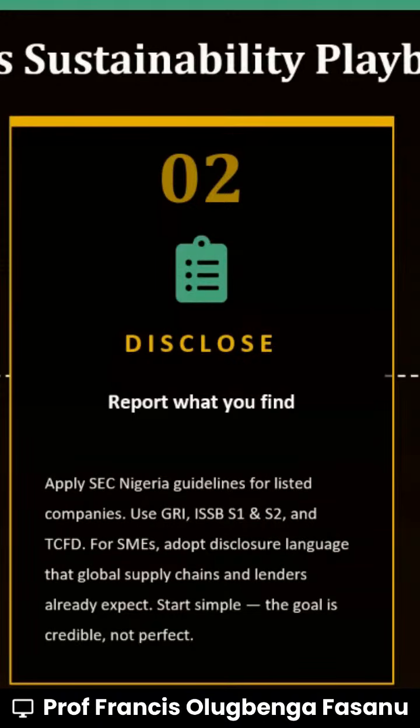They need to be green. And for them to be green, if you want to be their supplier, you have to be green. And for them to take you seriously that you are being green, you need to be certified. Somebody needs to assess, somebody needs to disclose, somebody needs to assure. And who can do that? A certified accountant, a chartered accountant. And in Nigeria, that is an ICAN member. 70,000 plus of them.